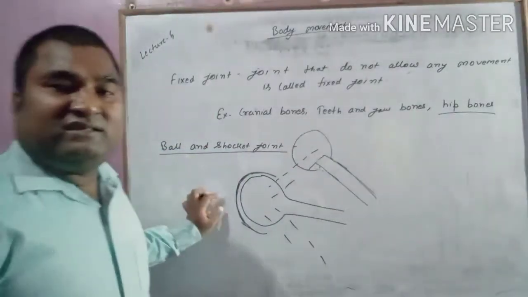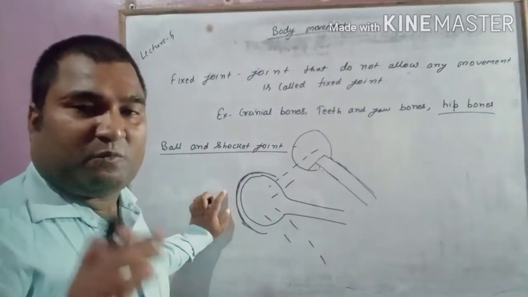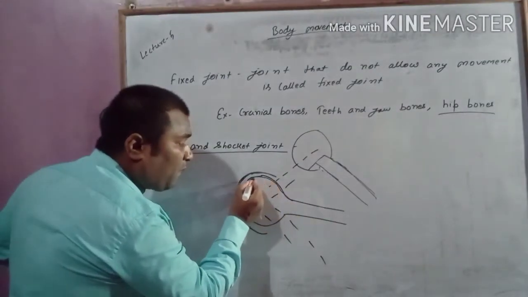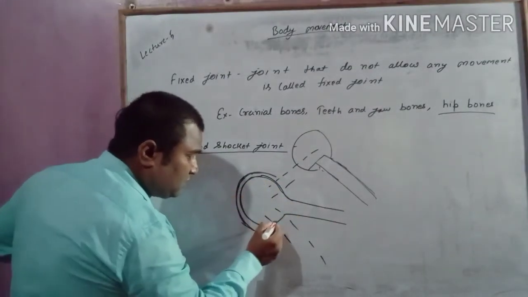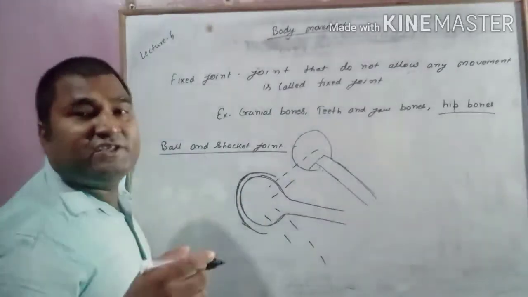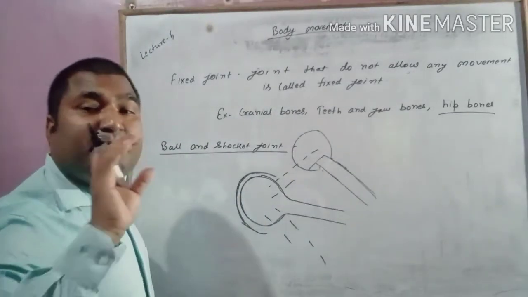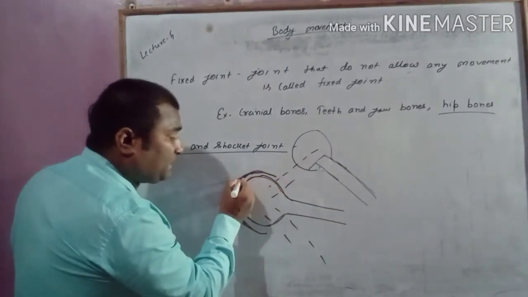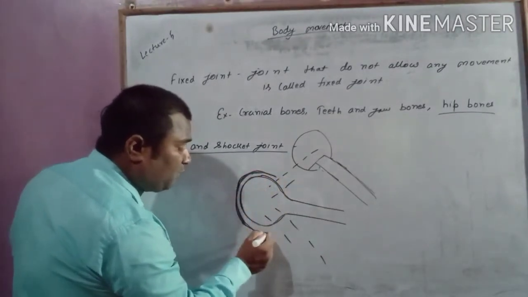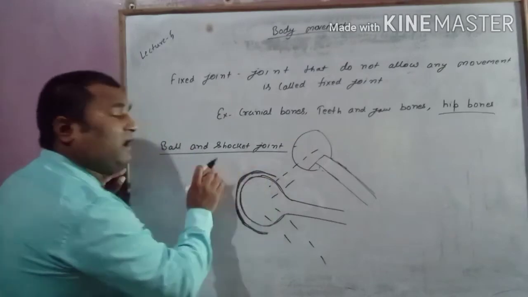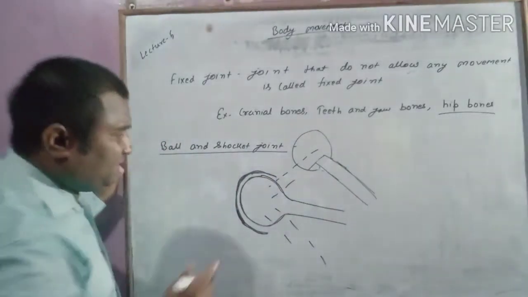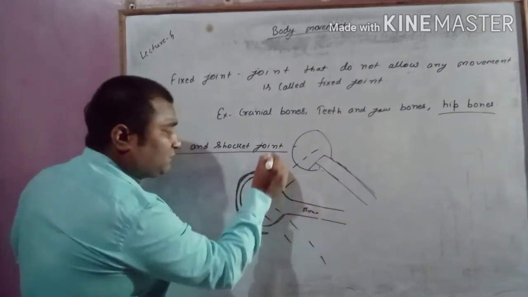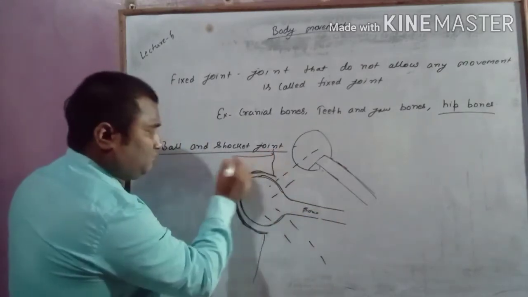So what is this ball and socket? A rounded head bone fitting into a cup-shaped socket bone is called a ball and socket joint. This is one bone and this is also a bone.